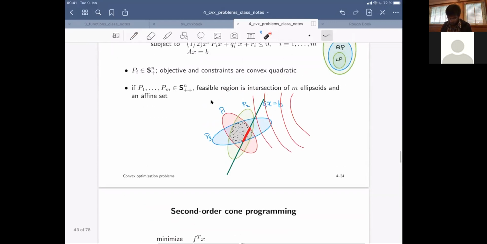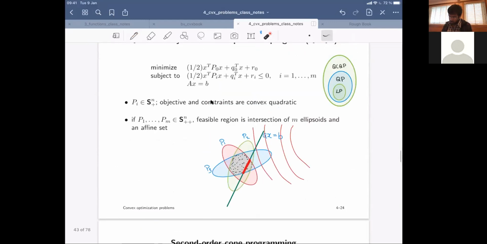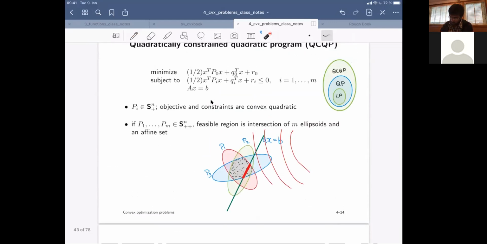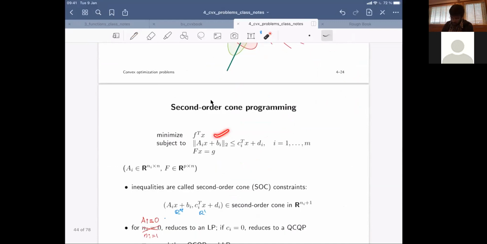So now what we are seeing is a more general class of optimization problem, which contains all these subclasses. Second order cone programming has this form.